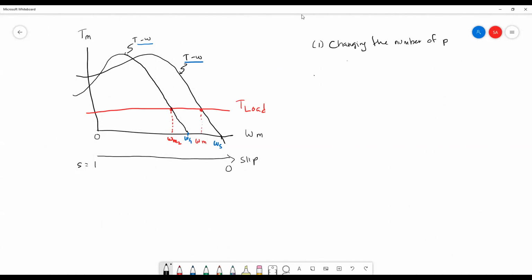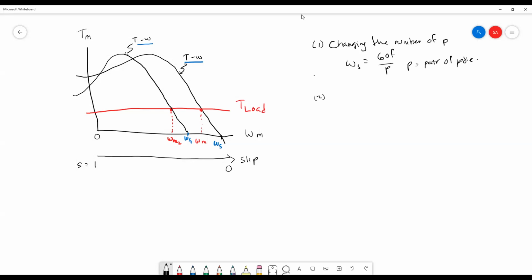Meaning that if you change the number of poles, you change the location of the synchronous speed. This first method is not very popular because it will result in discrete response of the speed change.